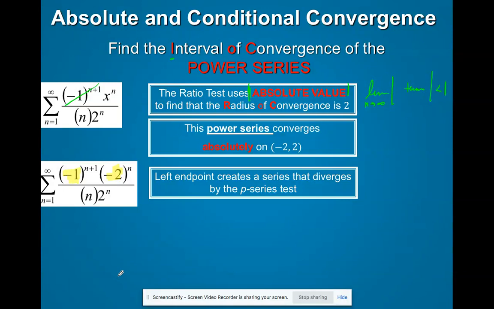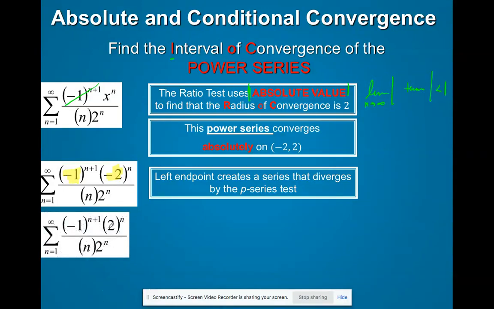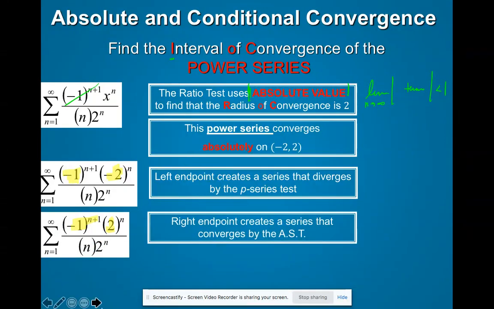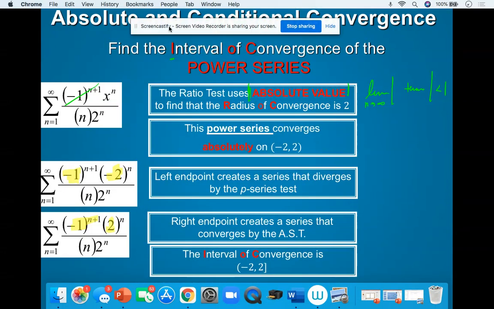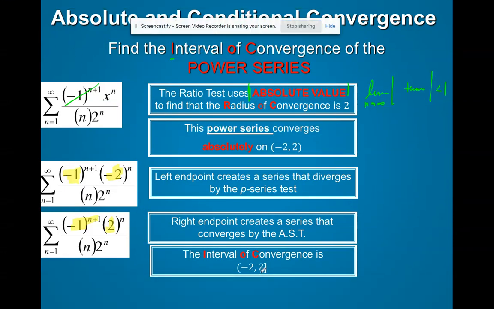So the left endpoint is not included in the interval of convergence, but when you put the right endpoint in, and again, you still have the sign alternator, the right endpoint creates a series that converges by the alternating series test. So you would write the interval of convergence as open at -2, closed at 2.